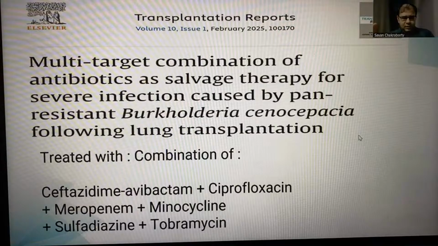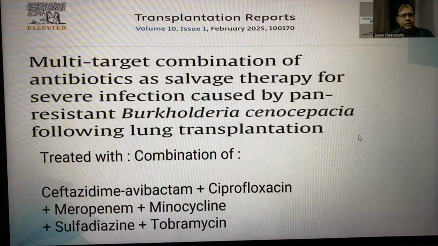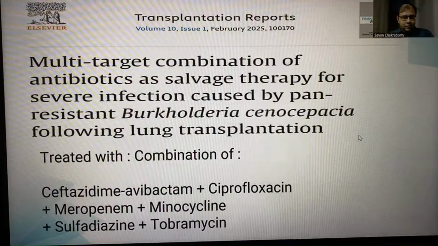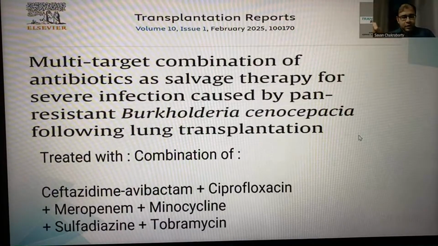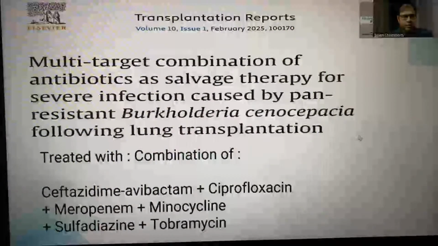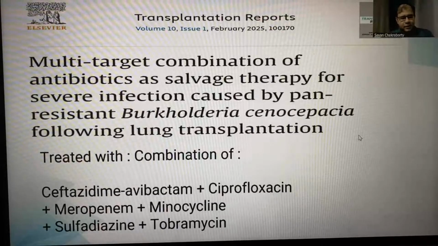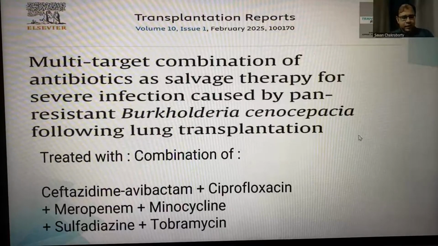Now let us talk about the reports and studies. This was published in Transplantation Reports: multi-target combination antibiotics as salvage therapy for severe infection by pan-resistant Burkholderia following a lung transplant. So this was an even more difficult case. The patient was treated with a combination of ceftazidime-avibactam, ciprofloxacin, meropenem, minocycline, sulfadiazine, and tobramycin. So you can see around six antibiotics were used, and the patient responded because different combinations were being tried.